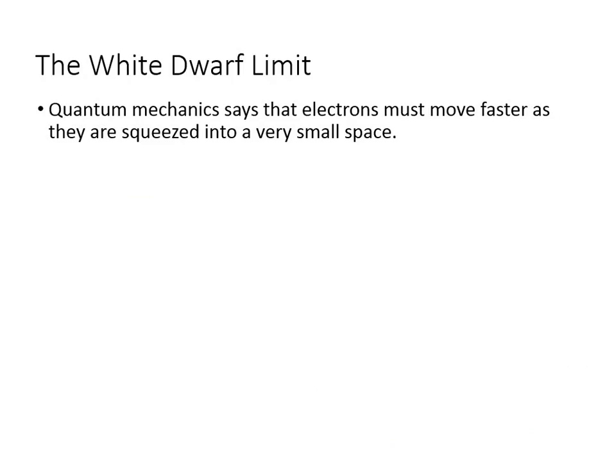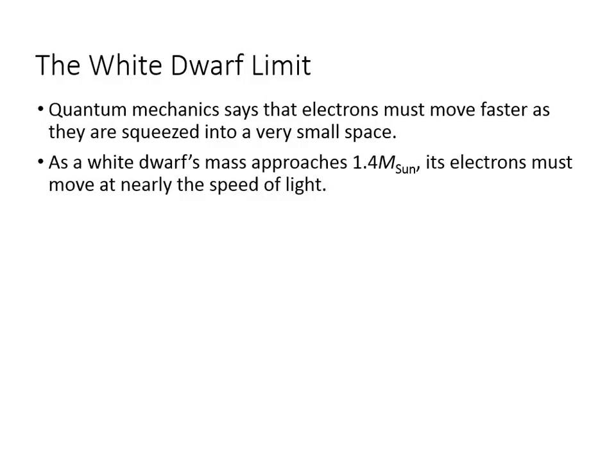Quantum mechanics is basically how matter behaves on a small scale, on the atomic, electron, and even smaller subatomic particle scale. Quantum mechanics says that if you squeeze atoms closer, you squeeze electrons closer, and they go faster and faster the more dense you make the material. If you make the material dense enough, those electrons approach the speed of light, the cosmic speed limit.